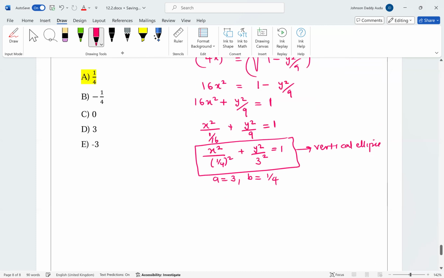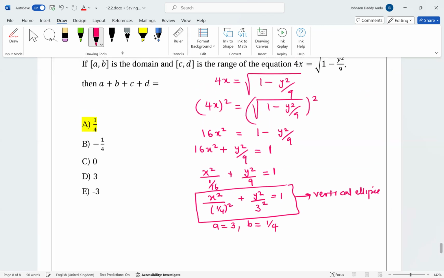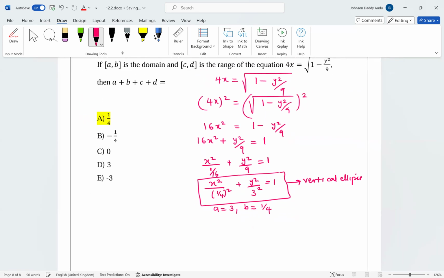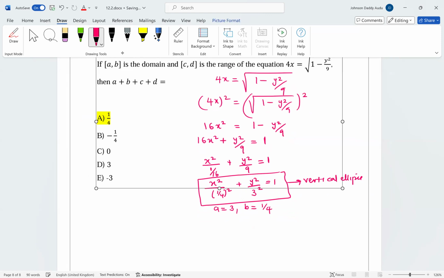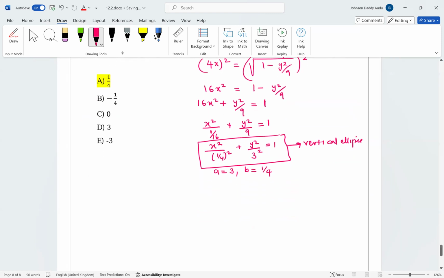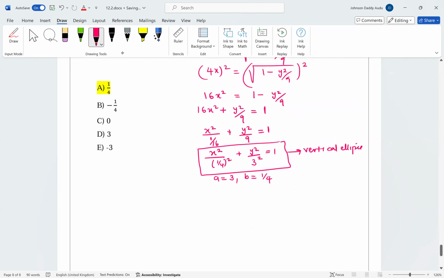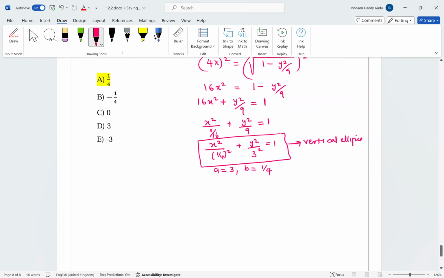Okay. But now we know that this is not the complete ellipse, right? This is the complete one, but we need to sketch to have an idea. So the major axis is going to be on the y-axis. So it's going to be something like this. The big number A is 3, so the vertex is here.